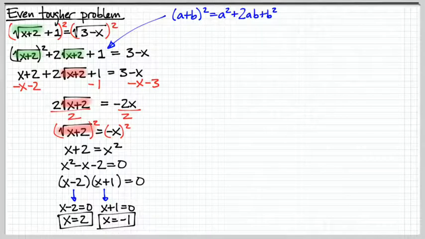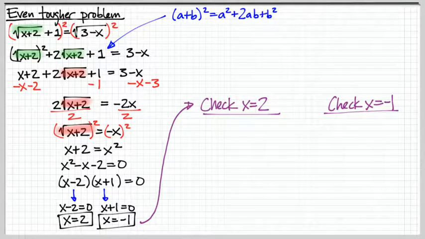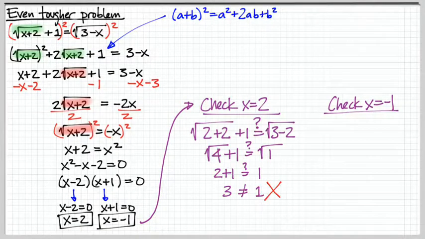At this point, we need to check our answers again. So we check x is equal to 2, and again, we use the very, very original equation up at the top to plug 2 into. We run through the problem, and we find out that actually 2 is not a solution.